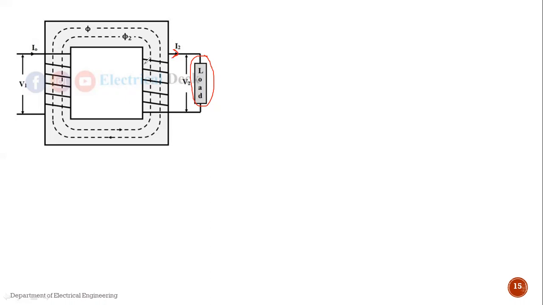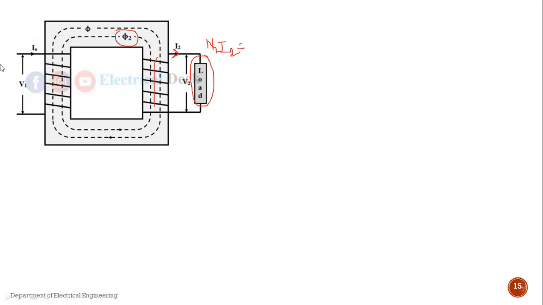And if the current flows from the secondary side, it will set up some flux in the secondary winding. Secondary winding मध्ये काहीतरी flux will set up. So this flux will be shown by this phi 2. That means phi 2 flux will be set up in the secondary side due to the current I2, or it will set up some MMF, that is N2 into I2, in the secondary side.